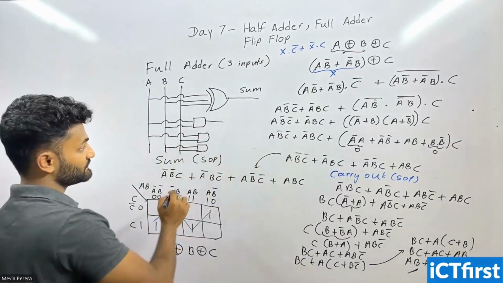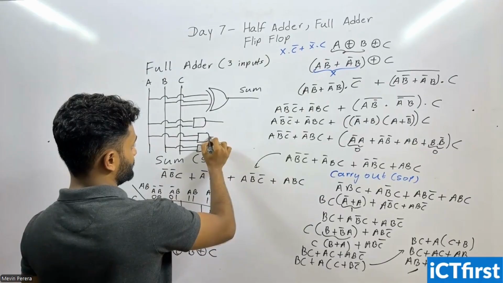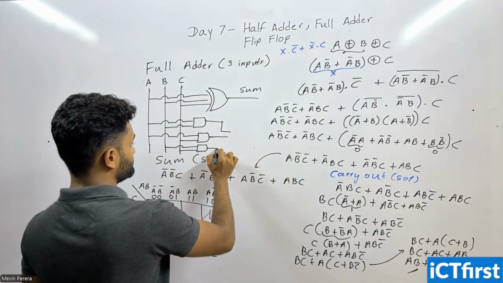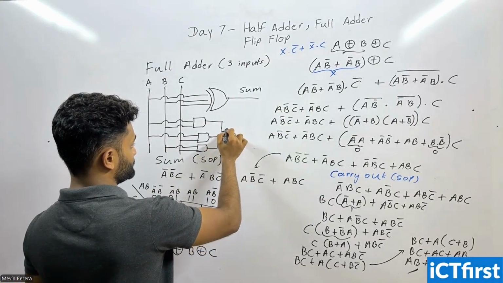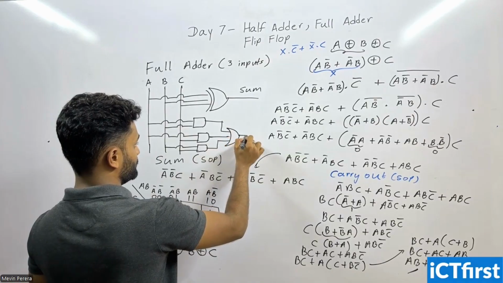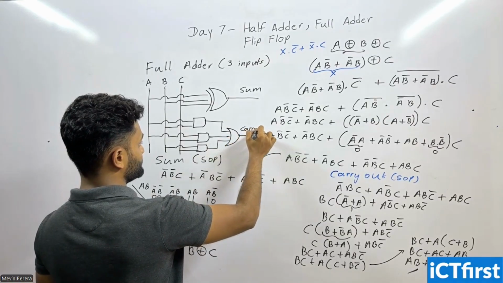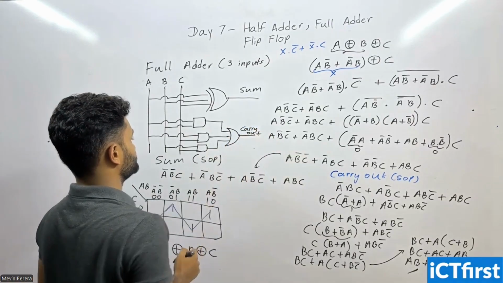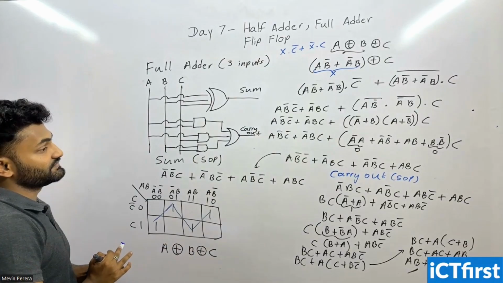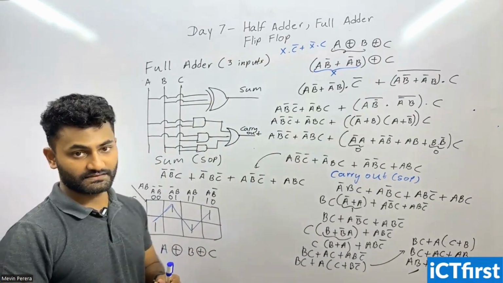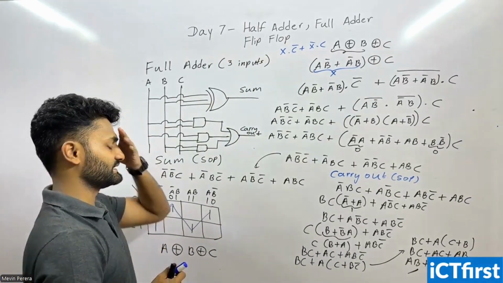So y'all can see, right? Okay. Now, all three of them are going through an OR gate. So that is the carry out, right? So this is the full adder circuit.